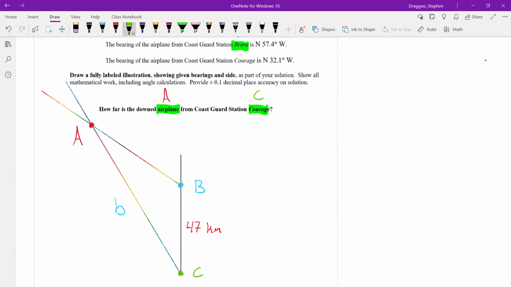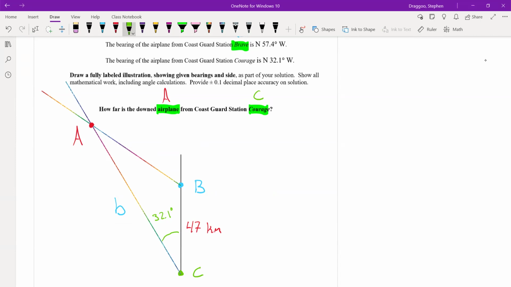So labeling the other things that I know, this angle down here by point C is 32.1 degrees. Since that bearing is measured from a north line, right? It's measured from due north, 32 degrees over to the west.